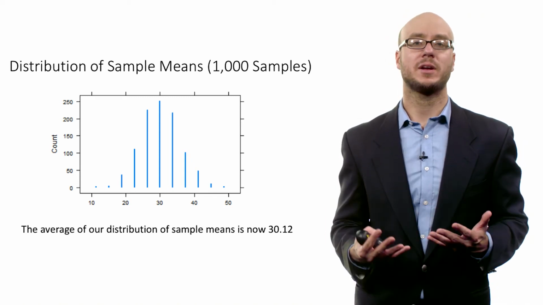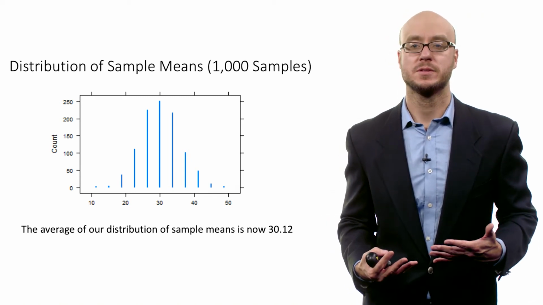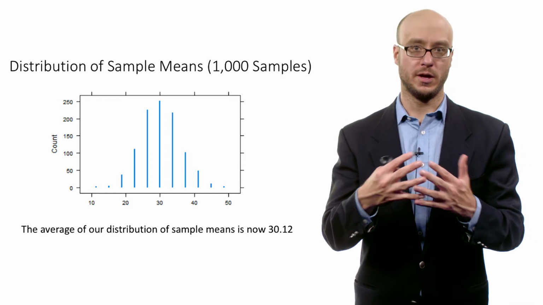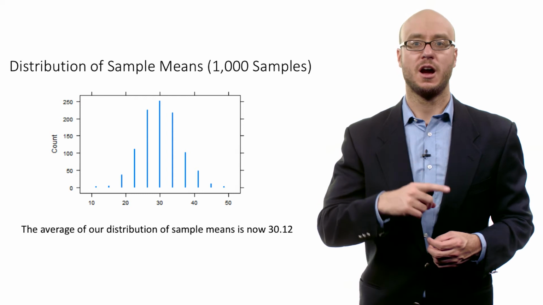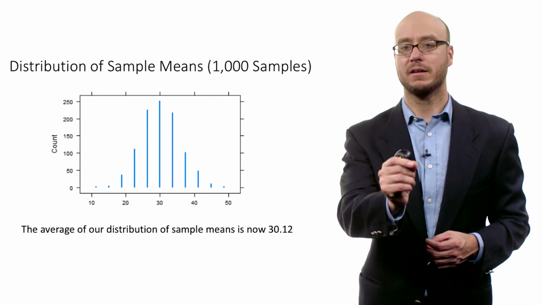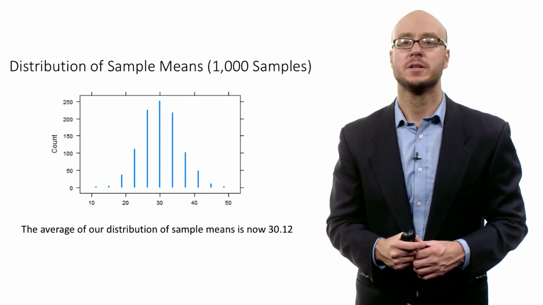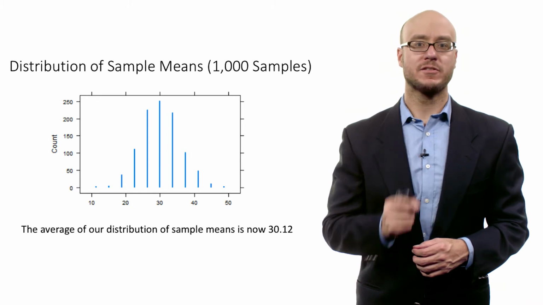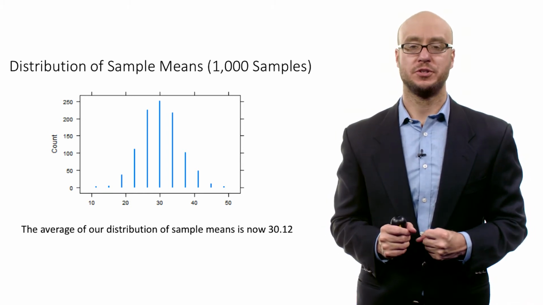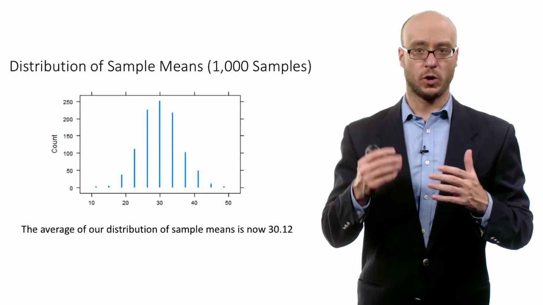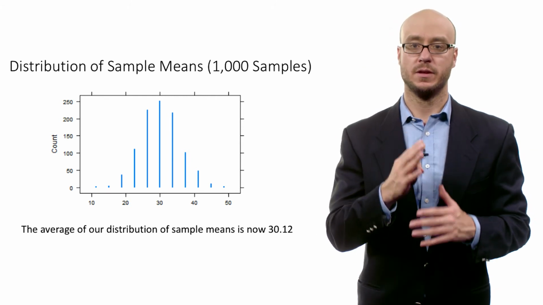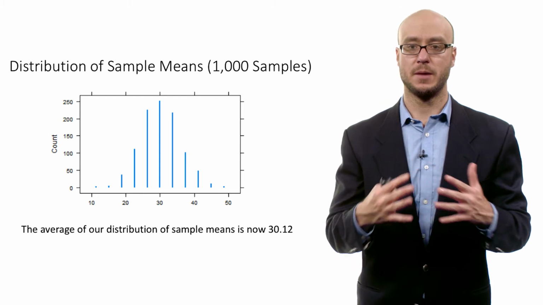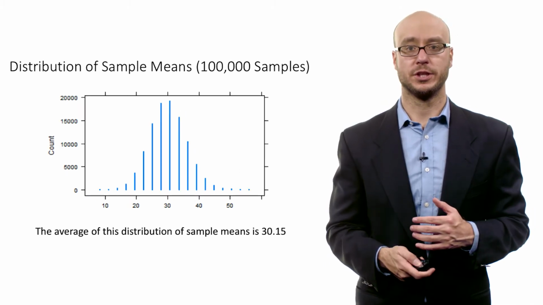What happens if we collect 1,000 samples and create a distribution of those 1,000 sample means, and then calculate the average? We get 30.12. You can see we're converging on that population mean, even though it's just a distribution of sample means.